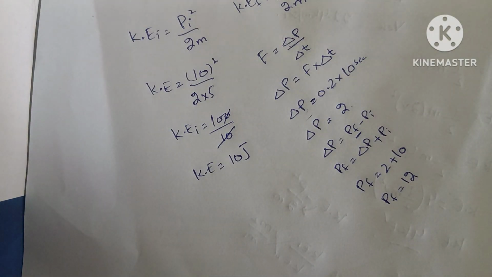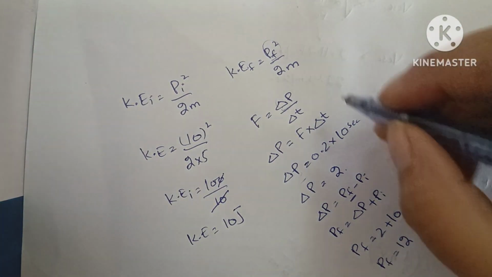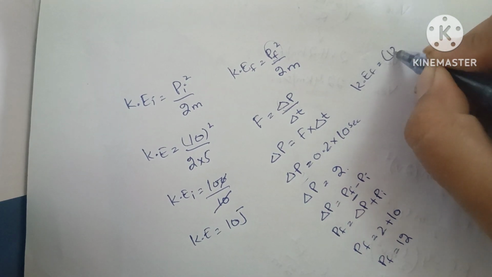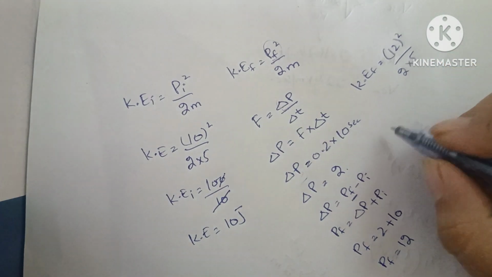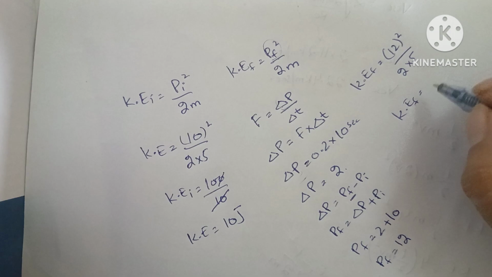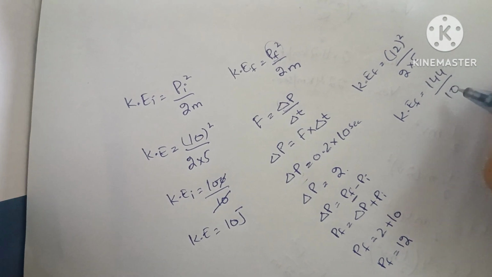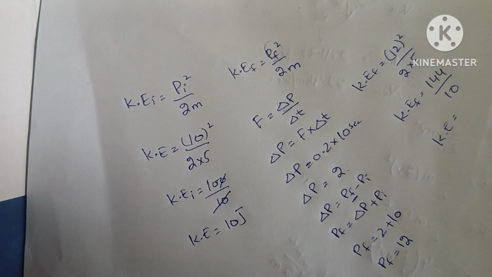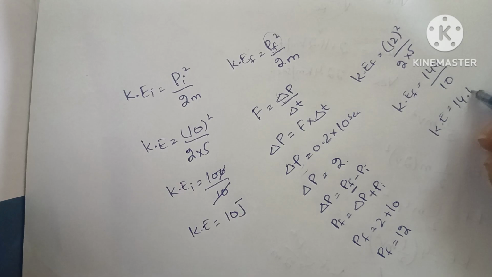Now we will find the final kinetic energy. Final kinetic energy is equal to 12 squared divided by 2 times mass, which is given as 5. So 12 squared is 144, divided by 2 fives, which is 10. When we calculate the value, final kinetic energy equals 14.4.